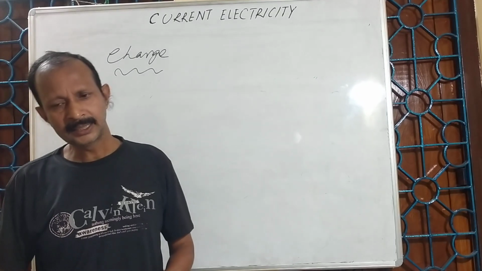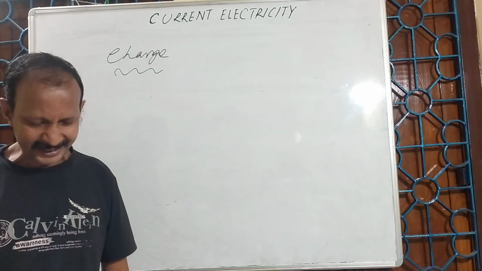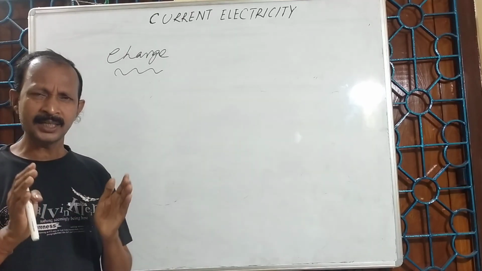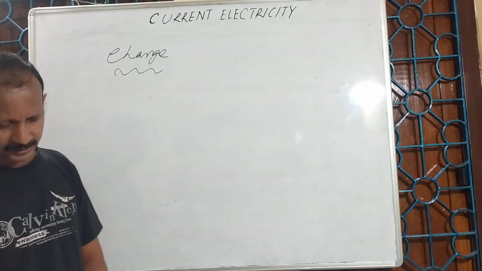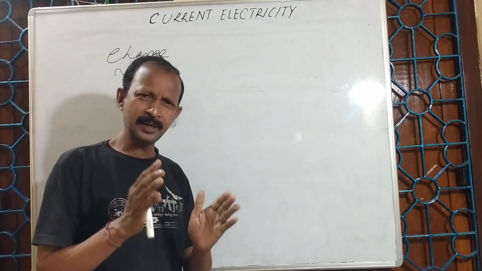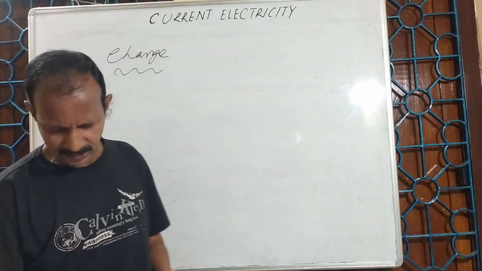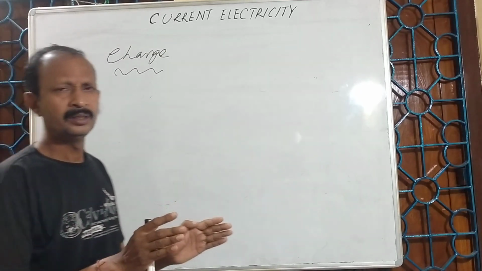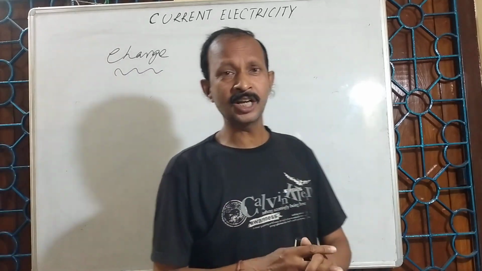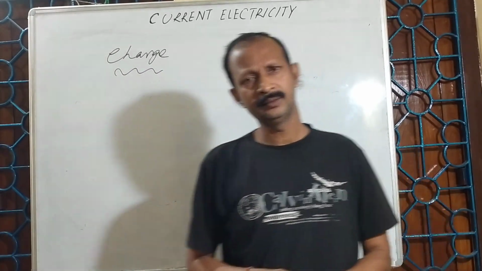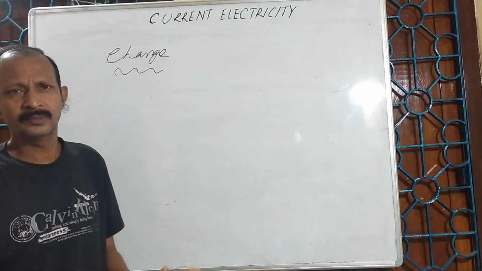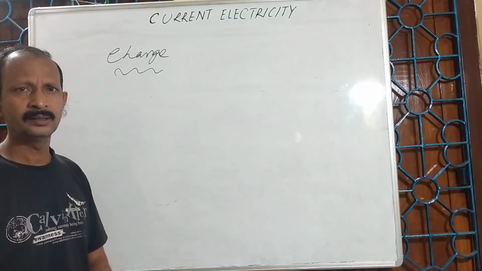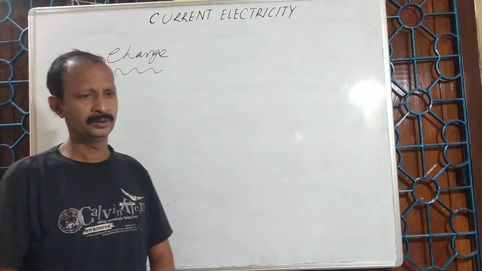So charge has its own identity. The charge has its own electric field. The electric field has its own existence. If there is no other charged particle in its vicinity, no problem. Still the charged particle has an electric field.